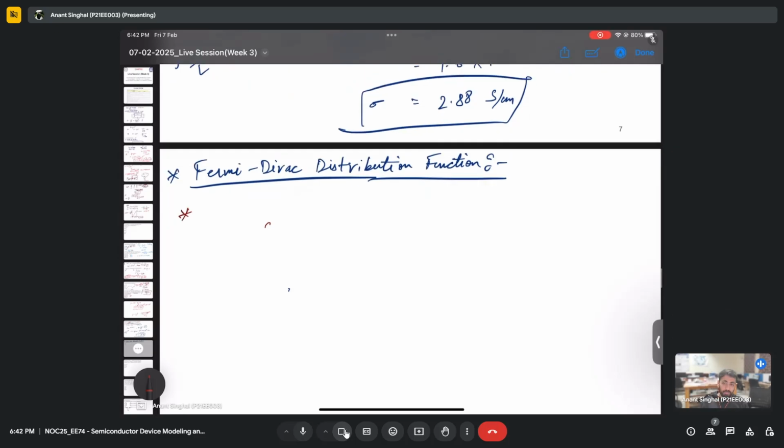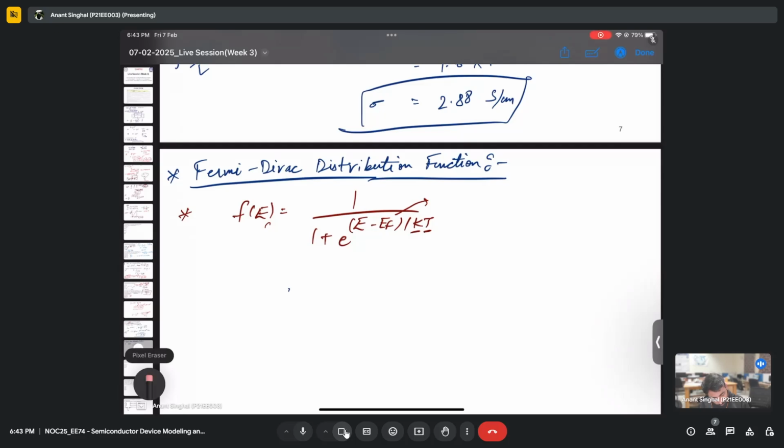As we already discussed previously, the particles follow Pauli's exclusion principle. So we have a certain probability of electron associated, which is the Fermi-Dirac distribution function, given by 1 upon exponential of (E minus EF) over KT, where EF is the Fermi energy level, K is the Boltzmann constant, and T is the temperature.